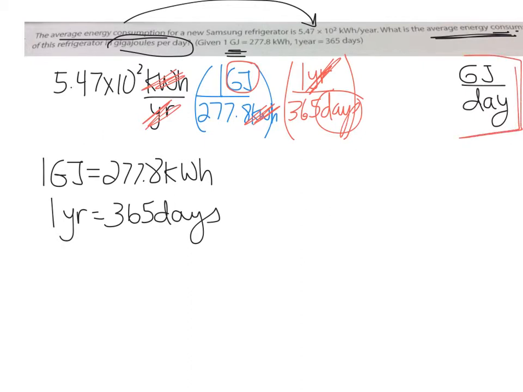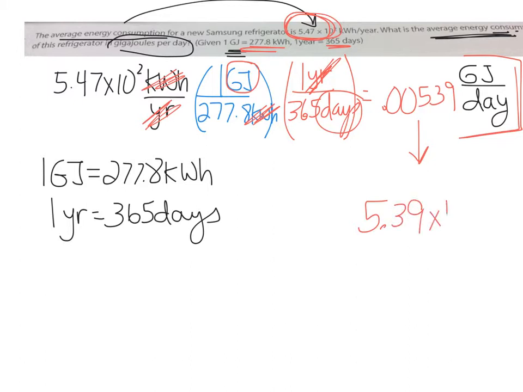When you do that math out, you should get 0.00539 if we're going to keep the right number of sig figs, because there are 3 sig figs in this kilowatt hours, and there are 4 in that conversion and 3 in this conversion. So if I want to rewrite this in scientific notation, I would say 5.39 times 10 to the minus 2 gigajoules per day.